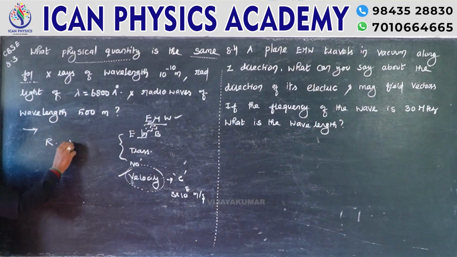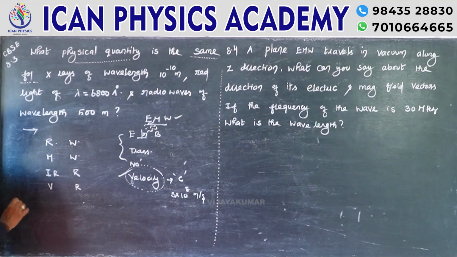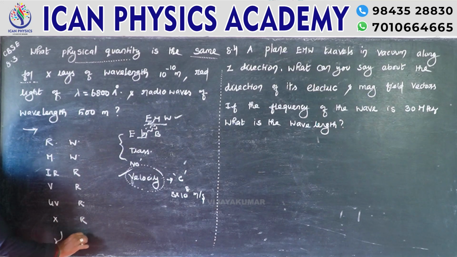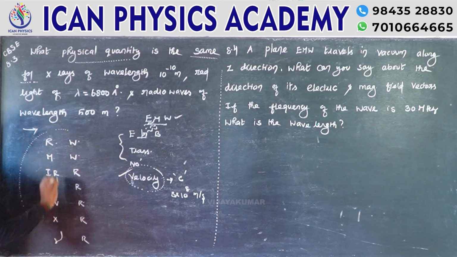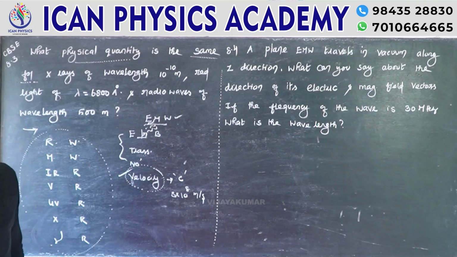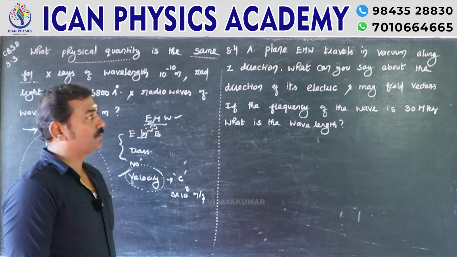First, radio waves, microwaves, IR rays, visible rays, UV rays, X rays, gamma rays. So all the 7 rays have the same velocity. So the velocity is a physical quantity which is same for all the 7. Do you get it now? Do you have any doubts? No doubts.